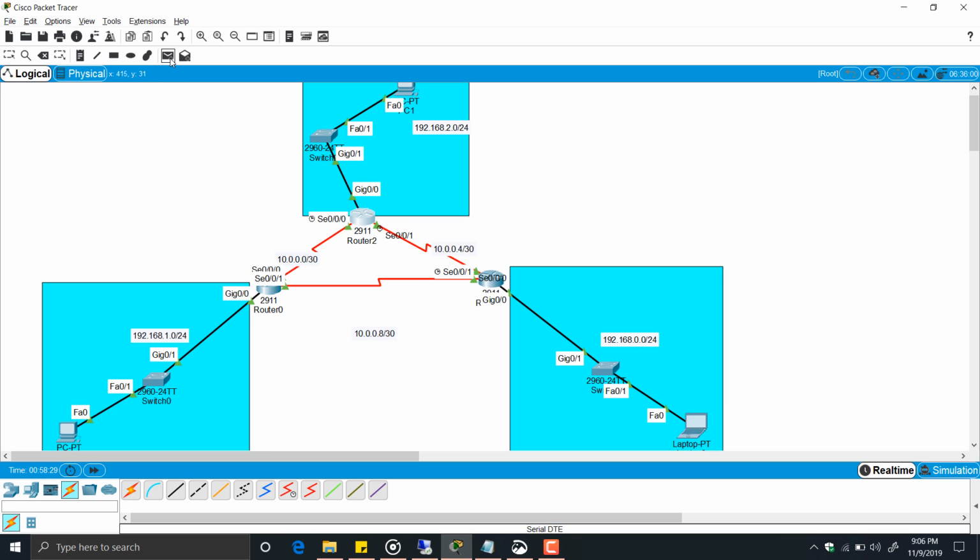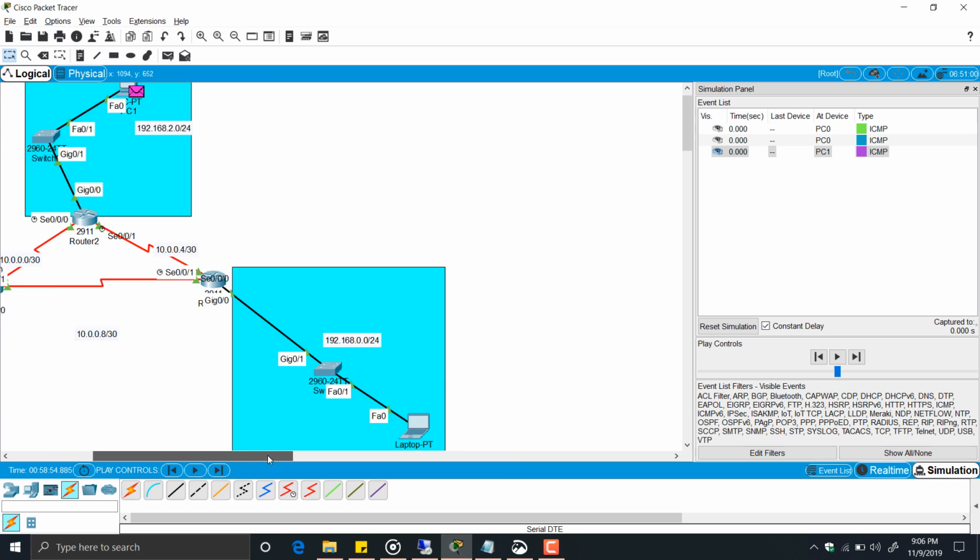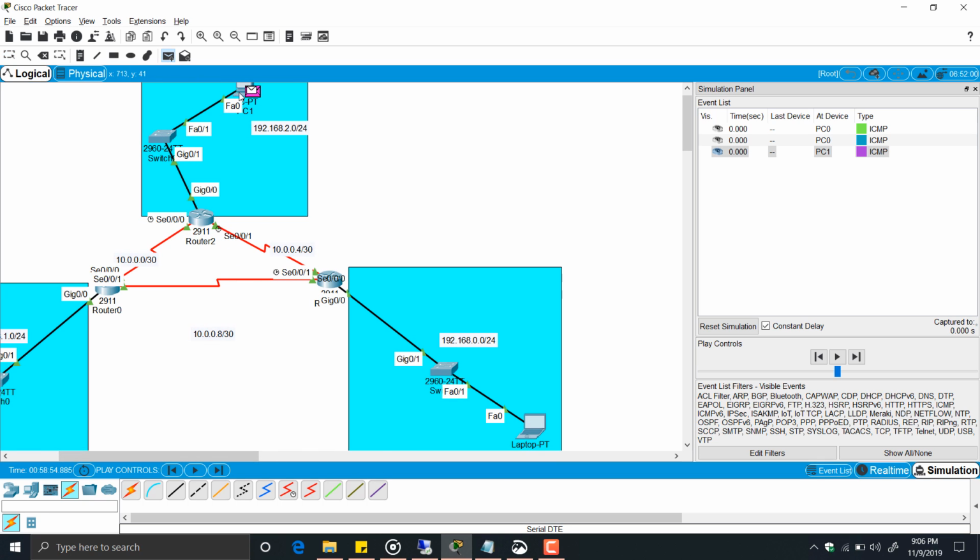Okay, let's put a packet here. Let's put two packets here, a packet here. Let's put simulation mode. Okay, I'm going to put one packet here and then here.